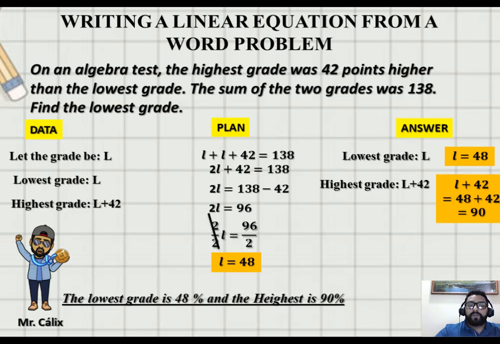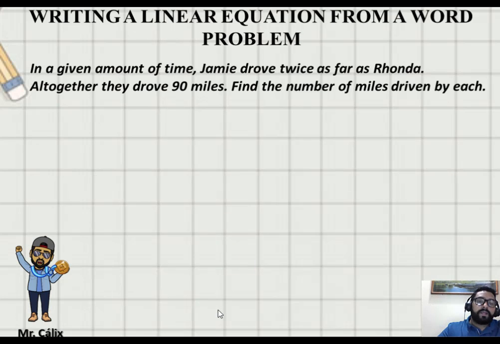So our answer would be the lowest grade is 48% and the highest grade is 90%. Remember, one of the most important things in this type of problem is to identify what our variable is.